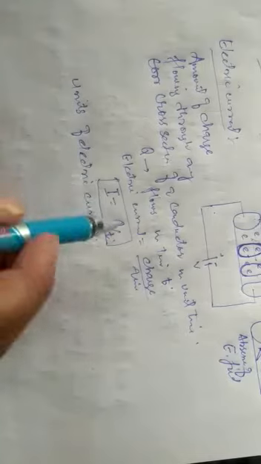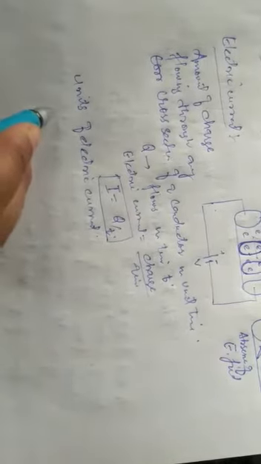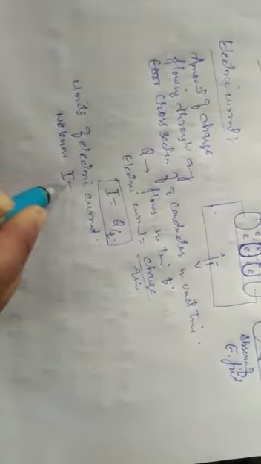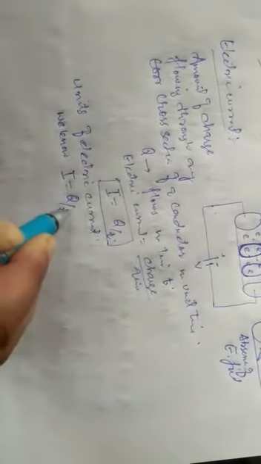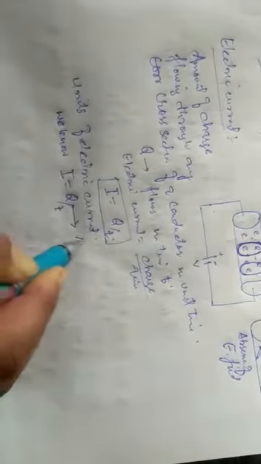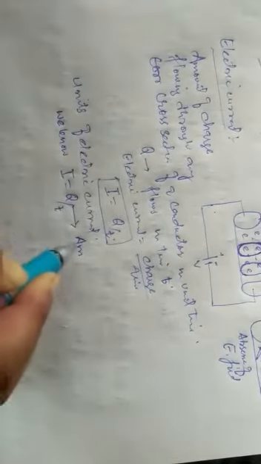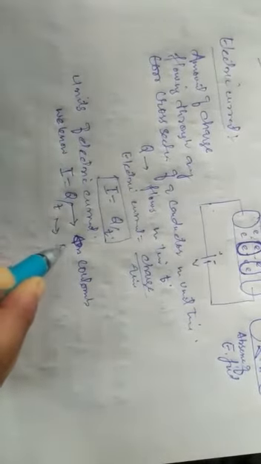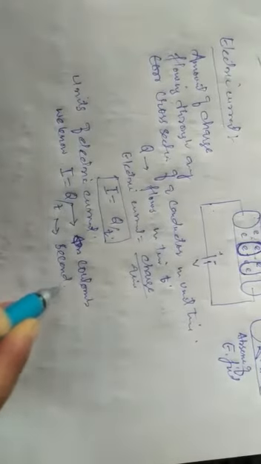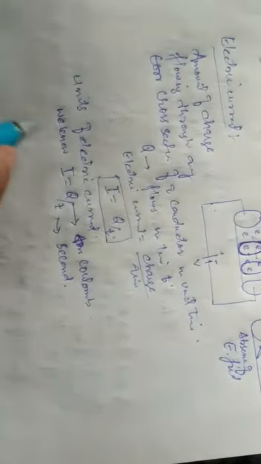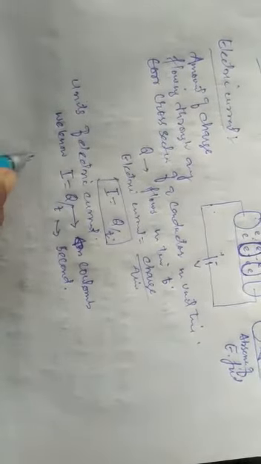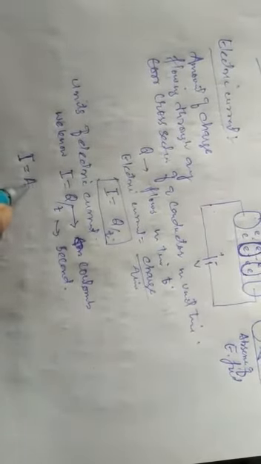As we know, I is equal to Q by T, where Q is expressed in coulomb and T in second, then the unit of current, I, is given in ampere.